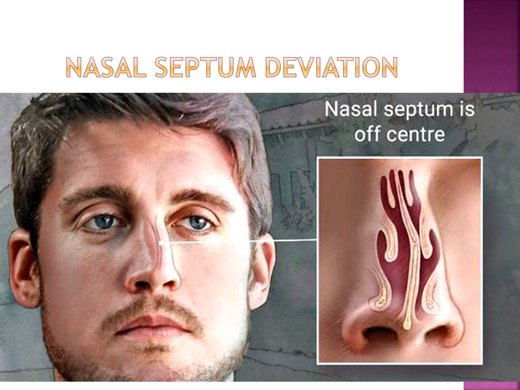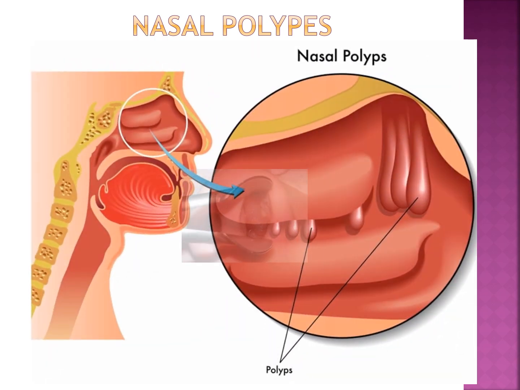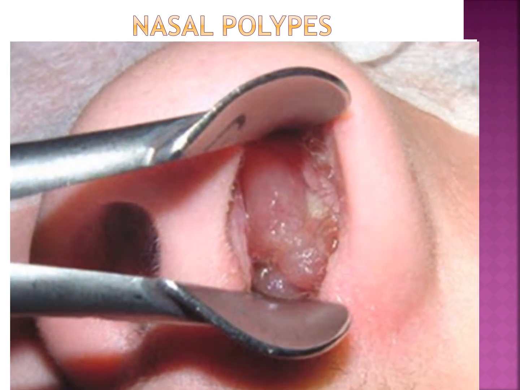Another reason can be nasal septum deviation. To eliminate this reason, we can recommend patients have surgical intervention to correct the deviated nasal septum and normalize nasal breathing. Nasal polyps. You can see that one half of the nasal cavity is fully obstructed by nasal polyps.